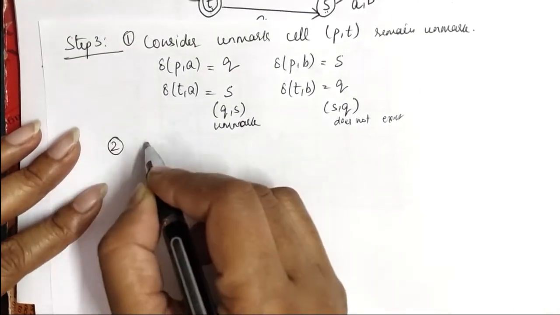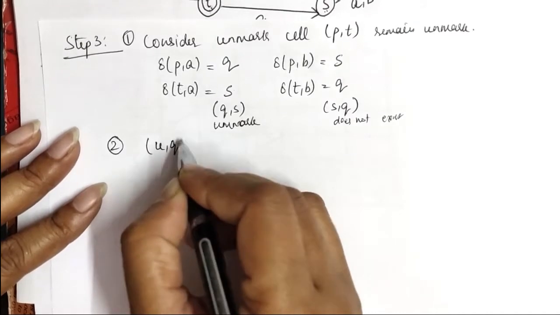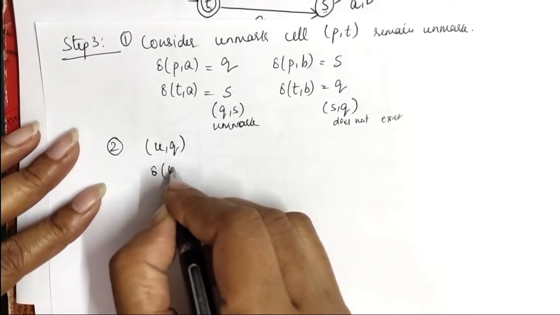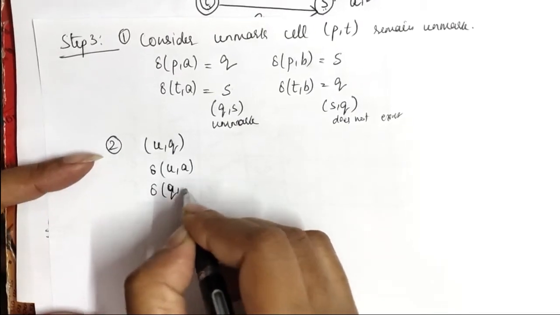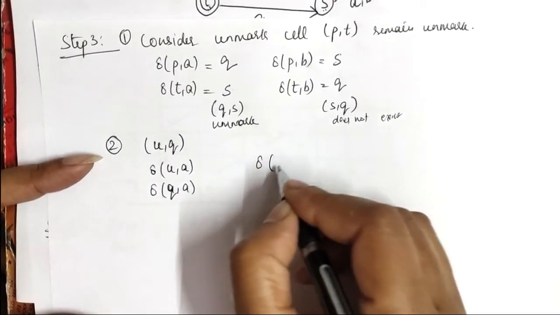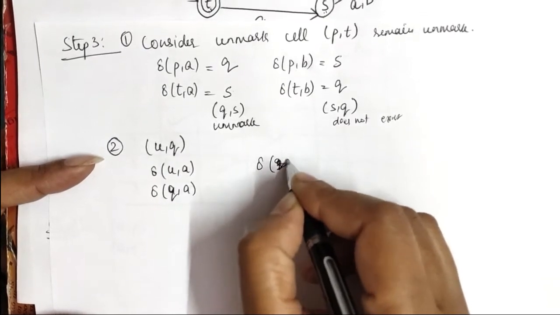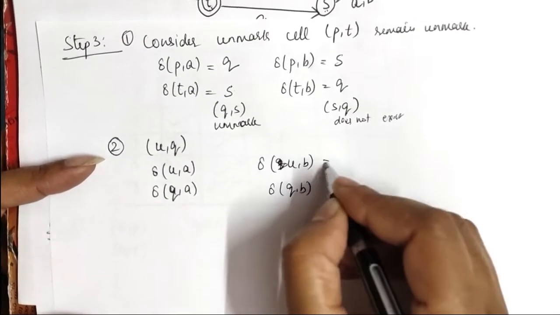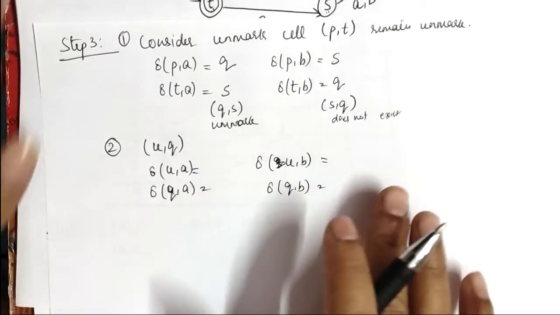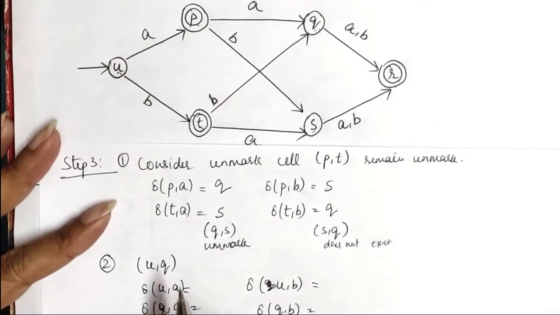This cell is U comma Q. For the second pair U comma Q, we find the transition of U comma A and Q comma A, similarly U comma B and Q comma B. Now check with the help of the example.